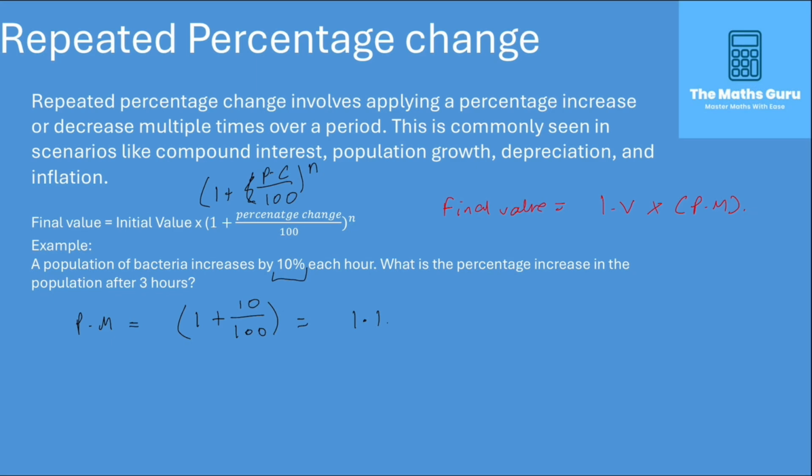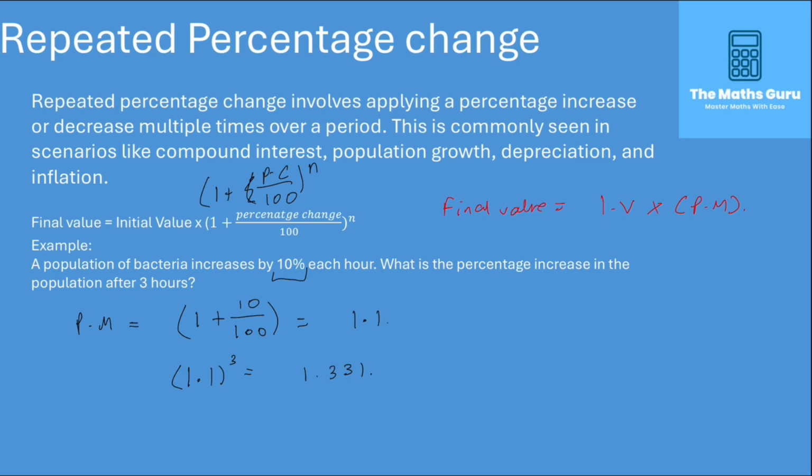Now, what is the percentage increase in the population after 3 hours? So, this is a different type of question. They don't give us an initial value, but they want us to work out the percentage increase in the population after 3 hours. So, we're going to have to do 1.1 to the power of 3, which gives us 1.331.